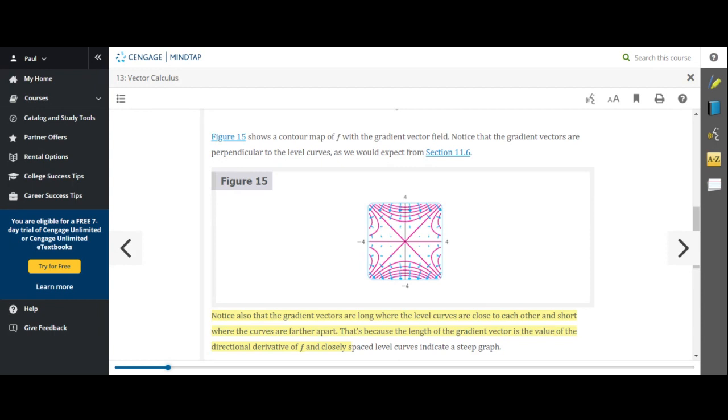Closely spaced level curves indicate steep graphs. For instance, as you move along the y-axis, going to -4, the surface is getting steeper. That would make sense based on the plot.